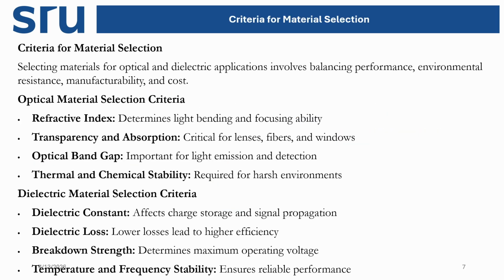Criteria for material selection. These are the properties to consider when using materials in different applications. Selecting materials for optical and dielectric applications involves balancing performance, environmental resistance, meaning it should not degrade over time, so stability and durability are higher, and manufacturability, meaning how easily we can make it, at large scale, and what the cost of the process is.